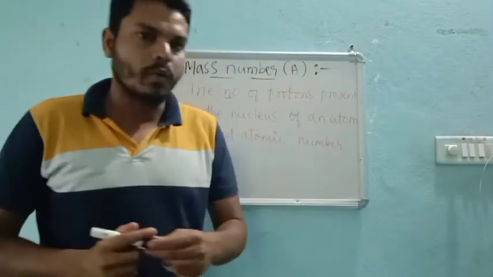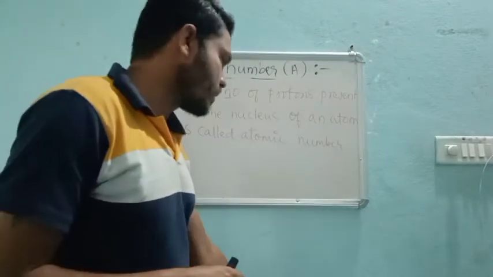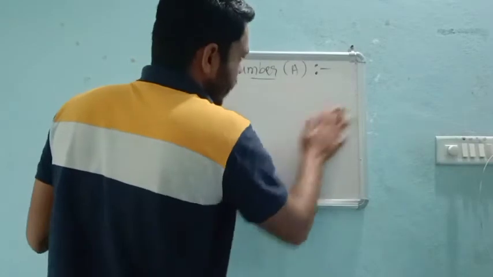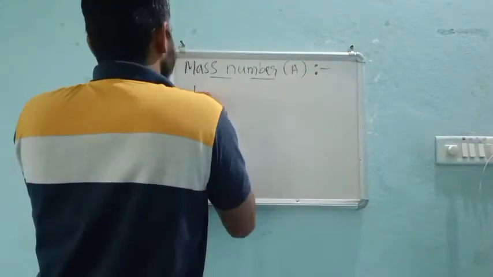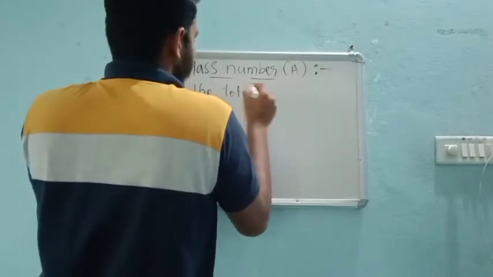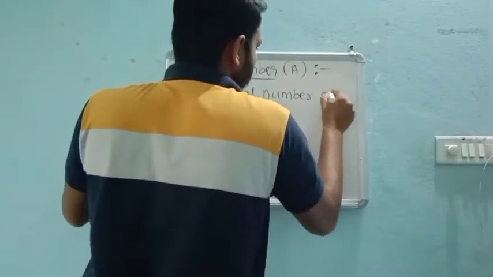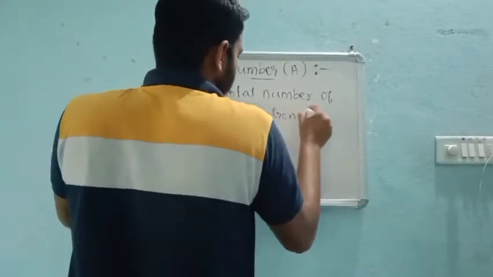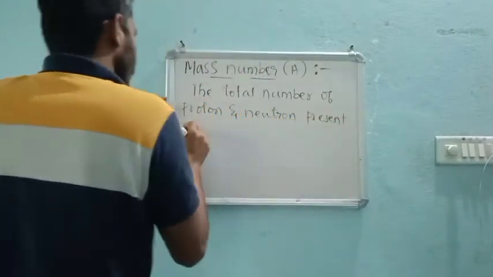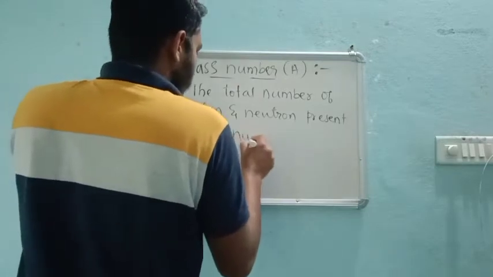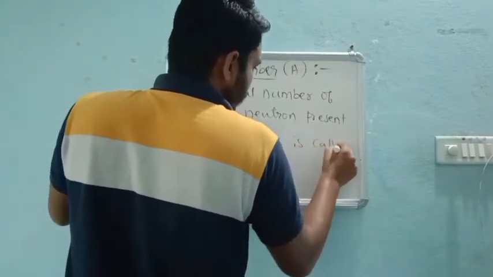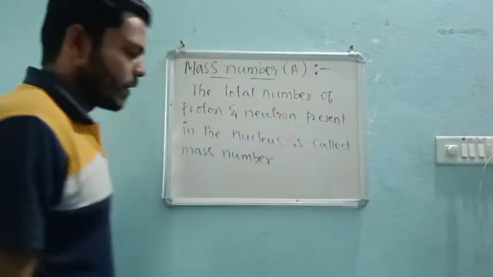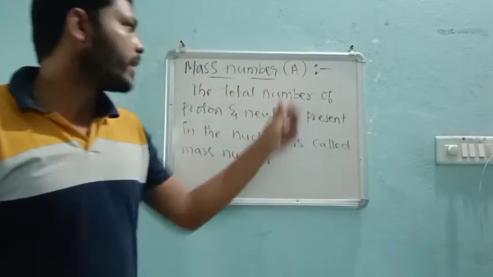The total number of protons and neutrons present in the nucleus is called the mass number, and it is denoted by the letter A.